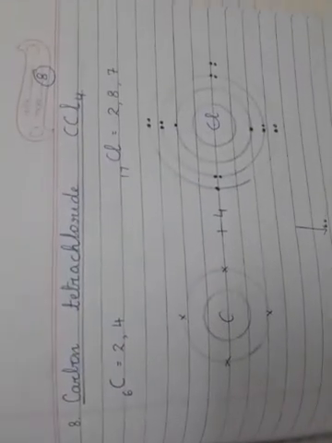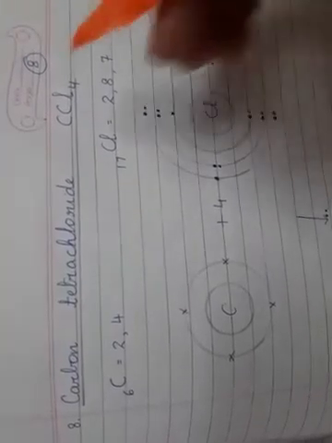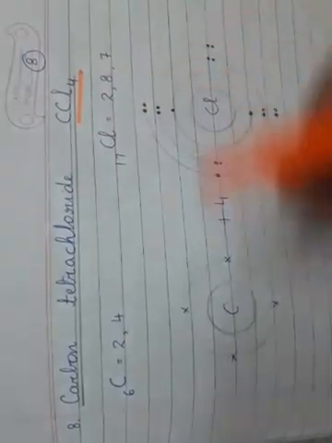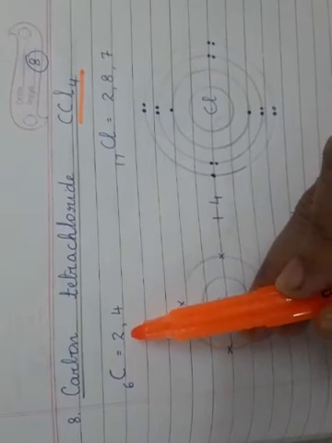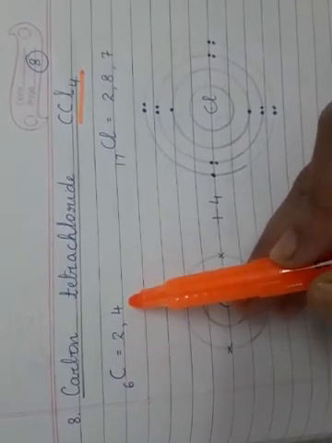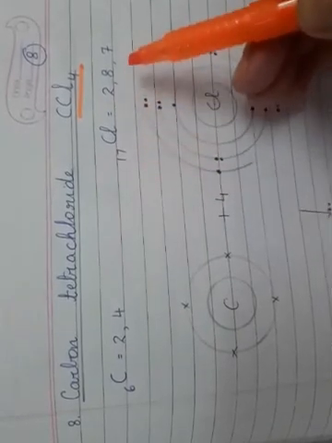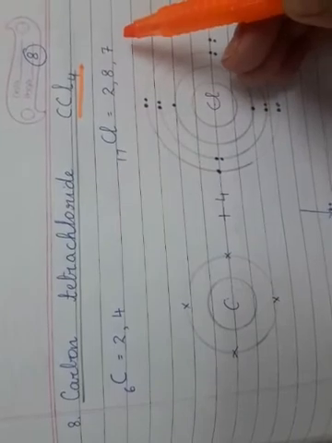Now we come to the structure of carbon tetrachloride, CCl4. Carbon C6, so the electronic configuration is 2, 4. Chlorine 17, such that the electronic configuration is 2, 8, 7.